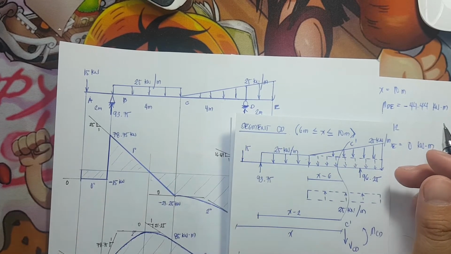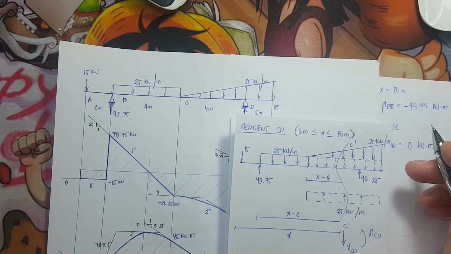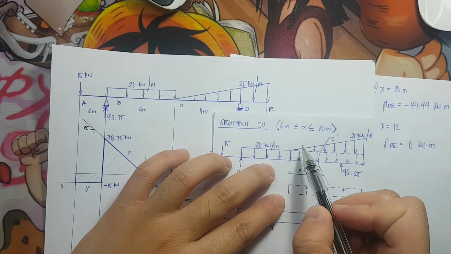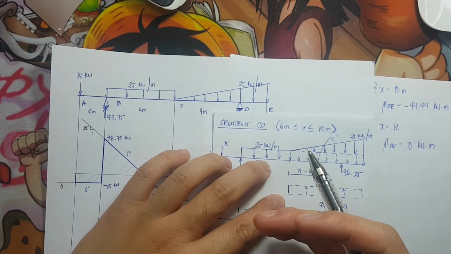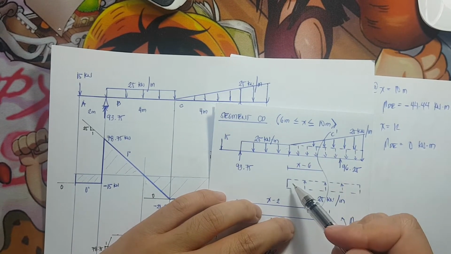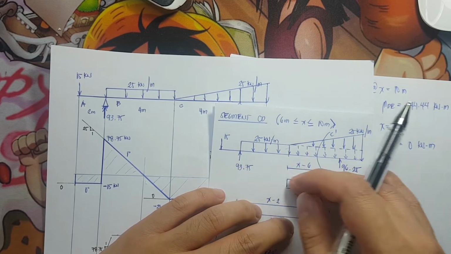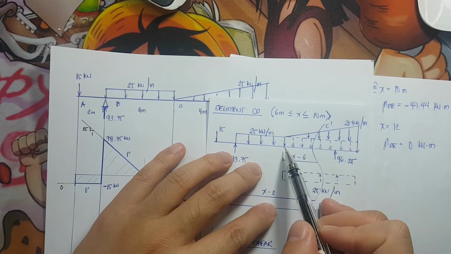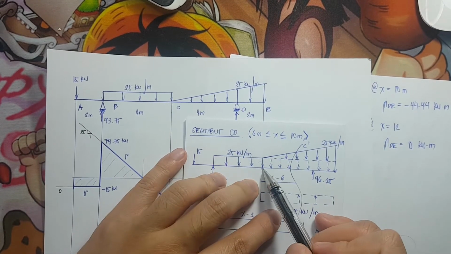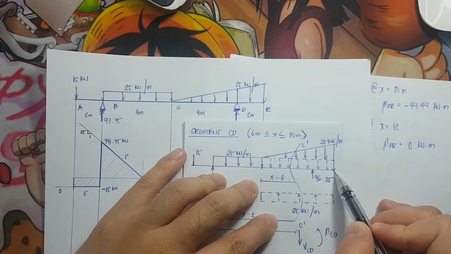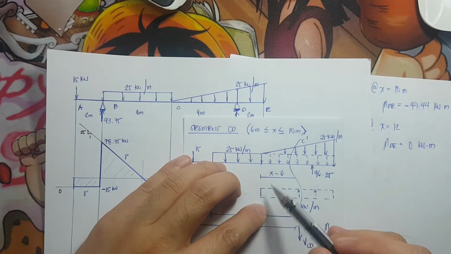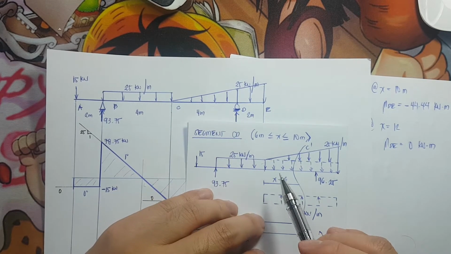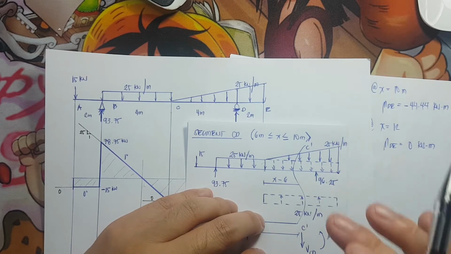Now, to keep it mathematically correct, since I introduced a load pointing downward, I need to cancel it out. So I introduce the same force, but this time pointing upward. The downward 25 kilonewton per meter from point C to point E cancels out, since I also introduced a uniformly varying load from point C to point D, which is opposite in direction.